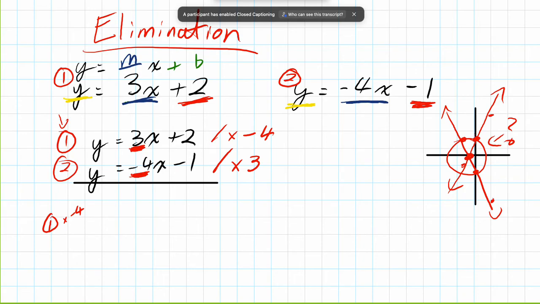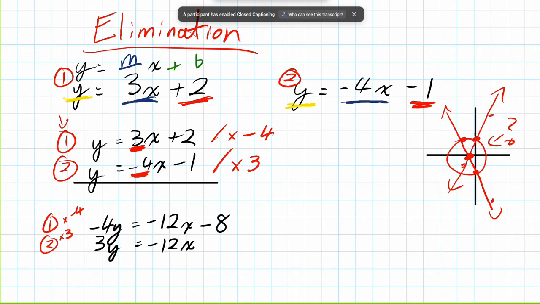And what that will look like is -4y is equal to -12x and then -8. And it'll also give us equation 2, which we multiplied by 3. And that will look like this. 3y is equal to -12x minus 3.